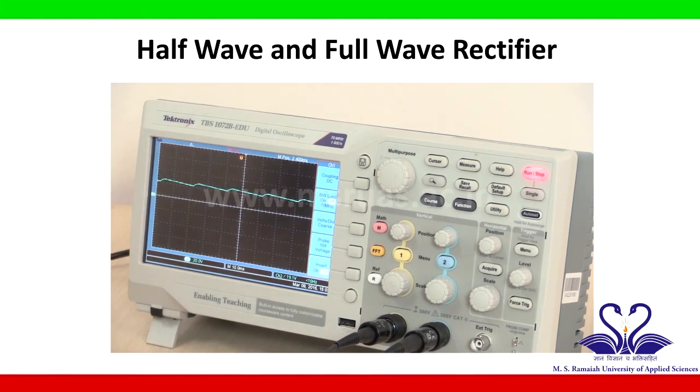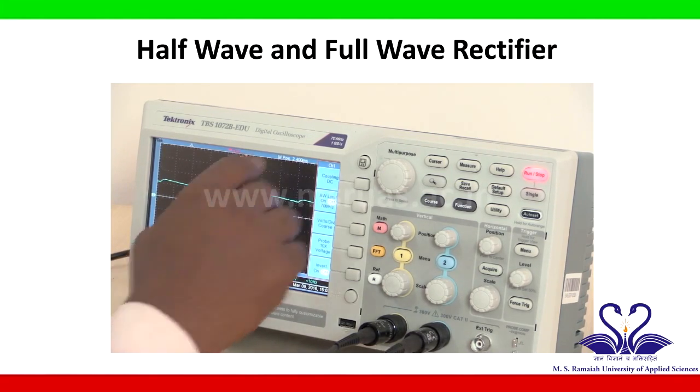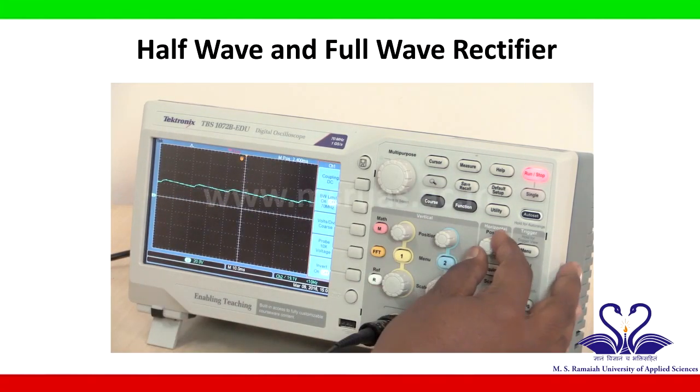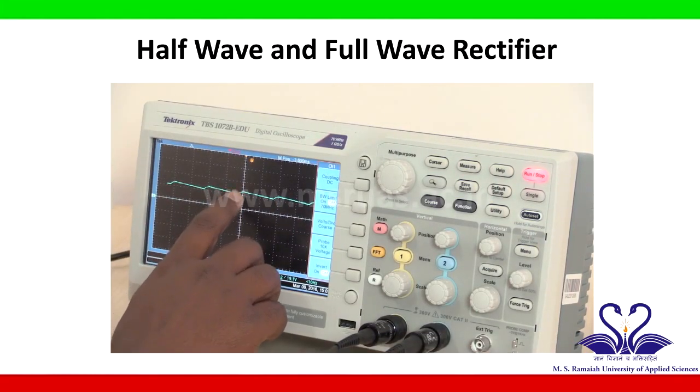I want to note its peak voltage, so I will move this peak point to the reference line. I can do this by using the horizontal position knob, moving the signal towards left or right so that this line merges with the reference line.